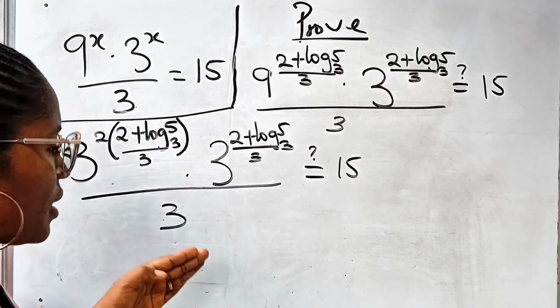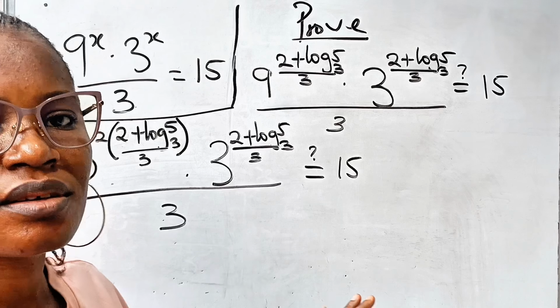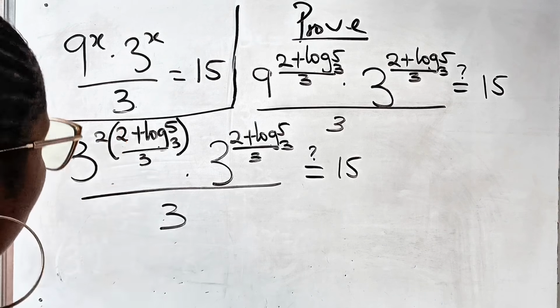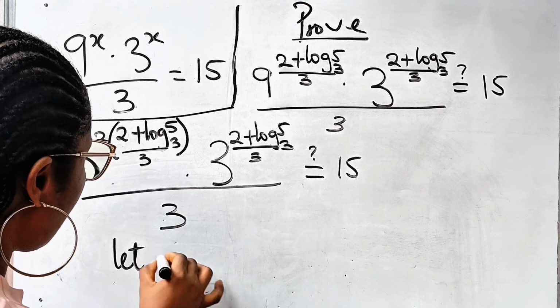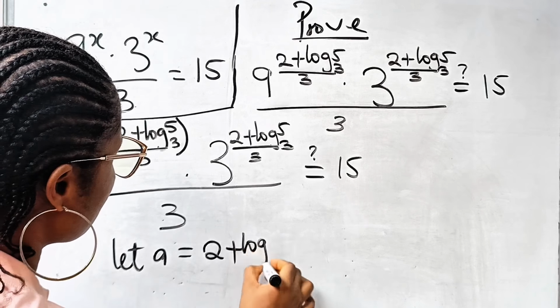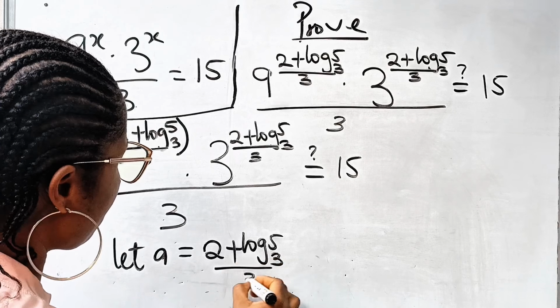Now, if you look at this, we are almost at the end of this journey. What did you notice? Let A be equal to (2 plus log 5 base 3) divided by 3.